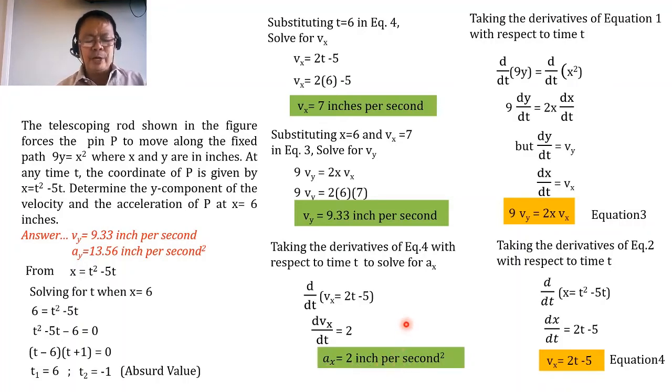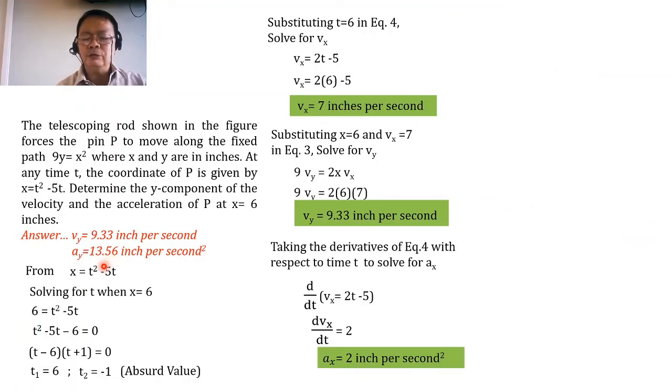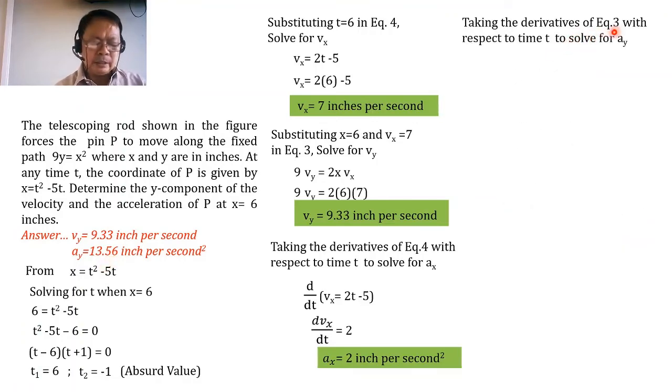Now after we have computed for v sub x, v sub y, and a sub x, we will now be solving for the y component of the acceleration. And how are we going to do it? Let us consider taking the derivative of the third equation with respect to time t, in order for us to solve for the acceleration of the particle in the y direction.